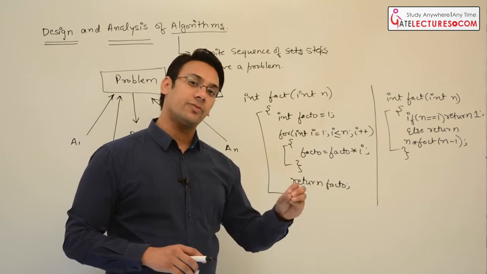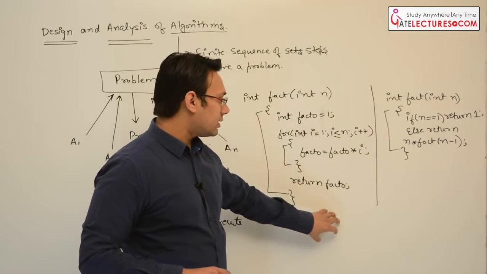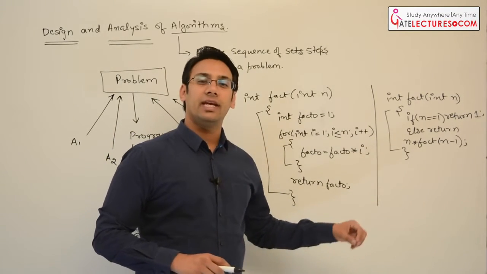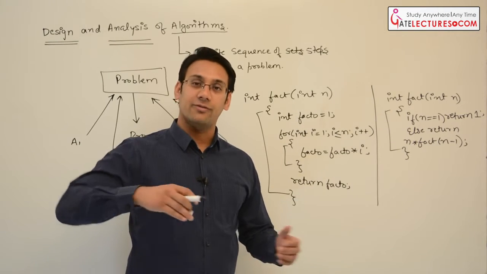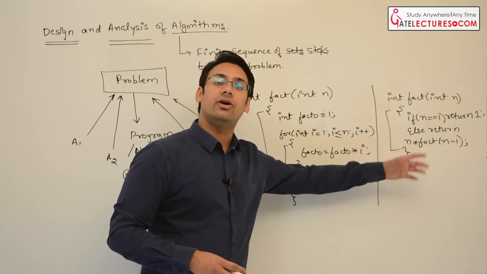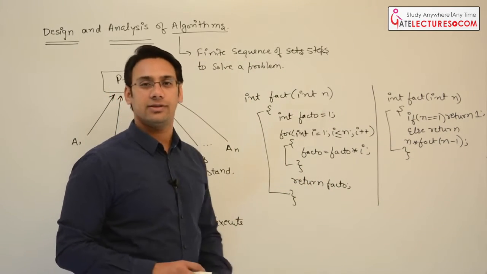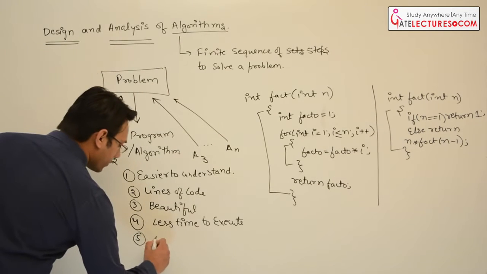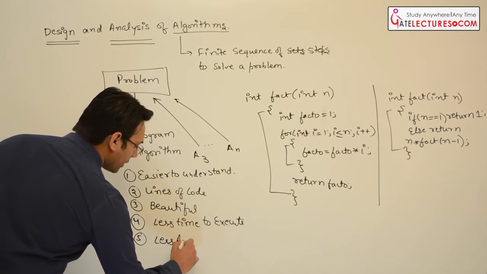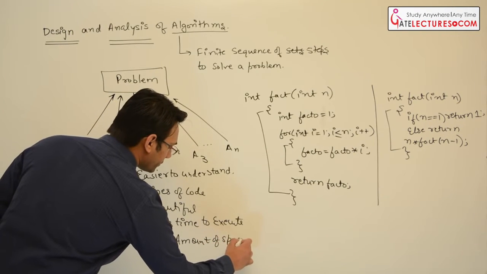When I am saying less amount of space, that means when you are going to execute this program, then these two programs may need different amount of space while executing. It may be because of recursive calls onto the stack, or it may be some constant space in this case, right? So that means whatever program is going to take less amount of space.